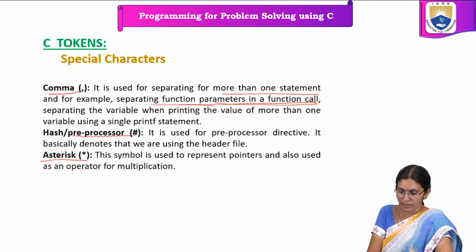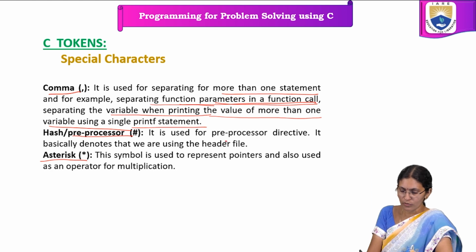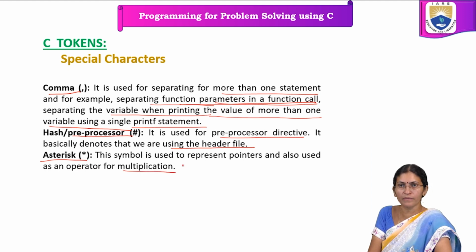It also separates the variables when printing the value of more than one variable using a single printf statement. Next is the preprocessor. It is used for preprocessor directives. It basically indicates that we are using the header file. Next is the asterisk symbol. This symbol is used for multiplication. Apart from that, it is also used to represent pointers.